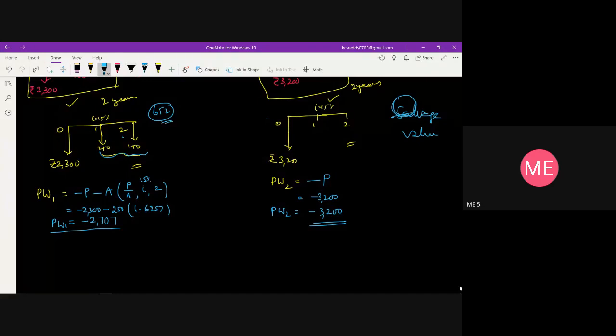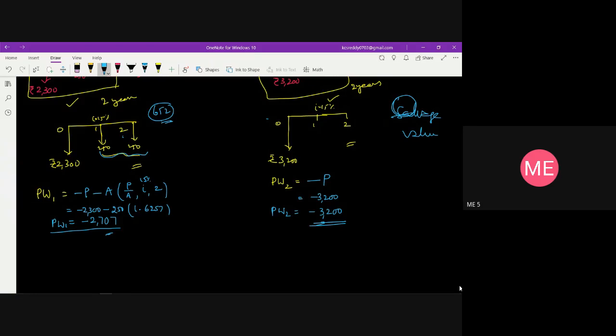Comparatively, even though it is lower cost and asset 1 shows the lower present worth, asset 2 has a salvage value. Say, for example, he has mentioned around 400. So alternative 2 is the better alternative compared to 1.